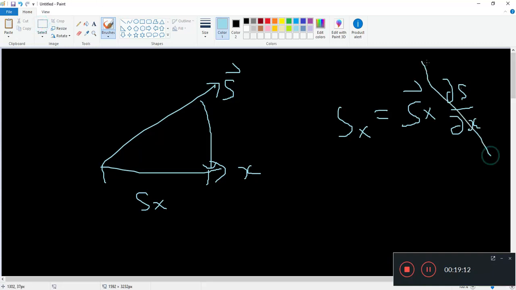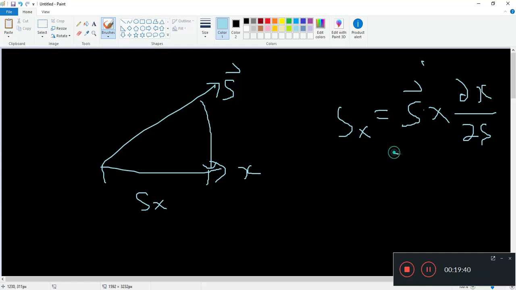Let me redo this. Let's try again. You want the component of x for this, so we have x dx over ds. All right. Okay, so it is like that.